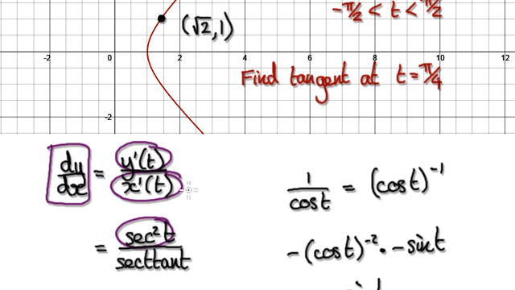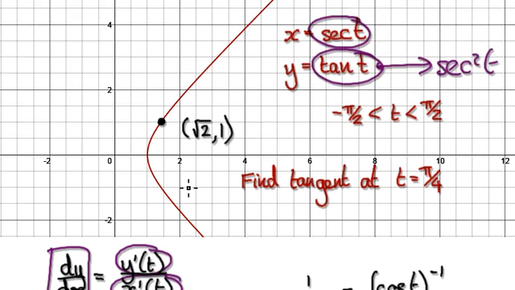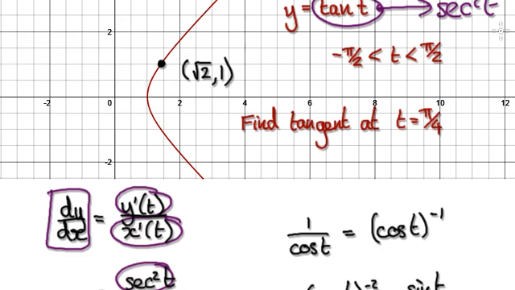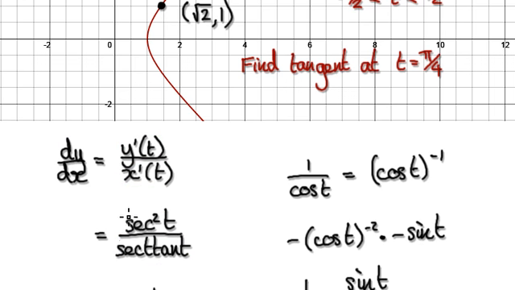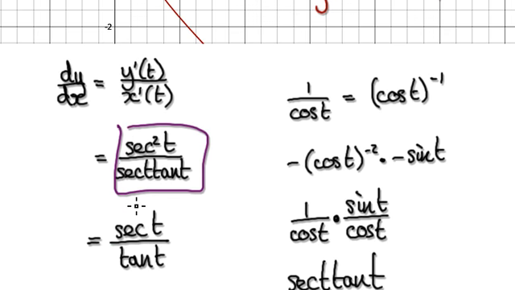And when you differentiate secant of t, it will give you secant of t times tan of t. So dy by dx is this thing here, but it's quite messy, so tidy it up.